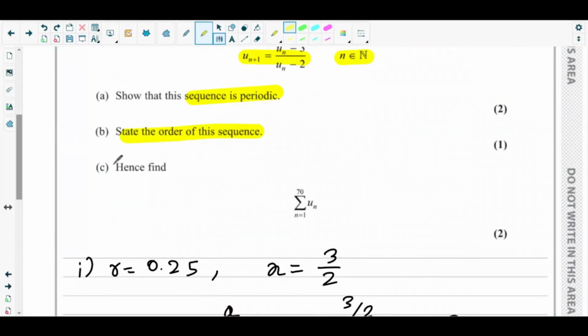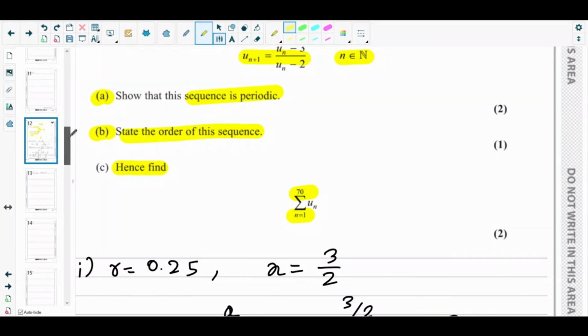Okay, next is part C. Part C asks to find, hence find, that means we need to use the ideas from part A and part B. We need to use the answers that we have found in part A and B to find the summation of u of n from n equals 1 to 70. Okay, so we need to find out the summation.